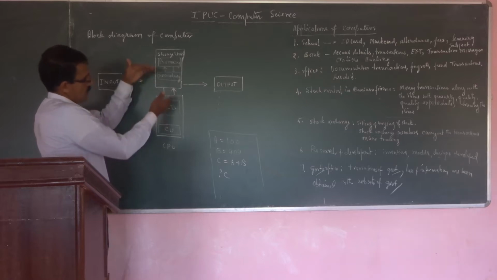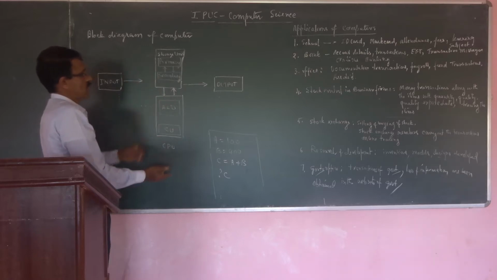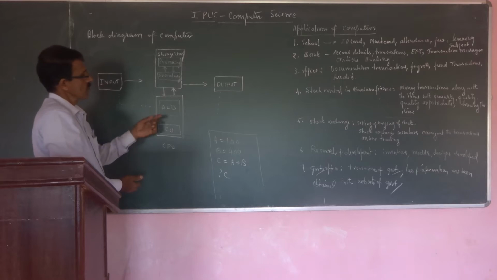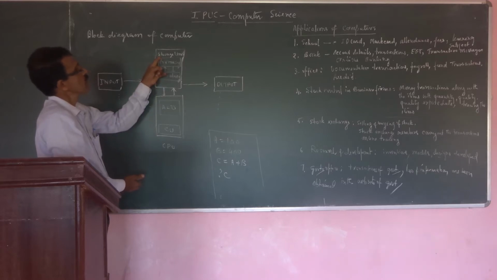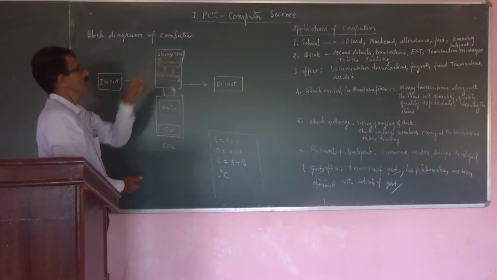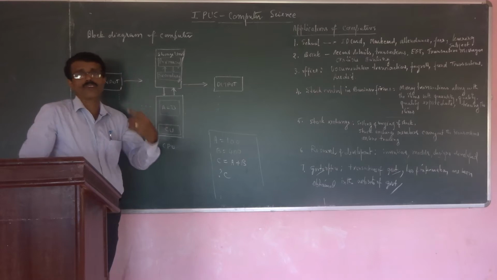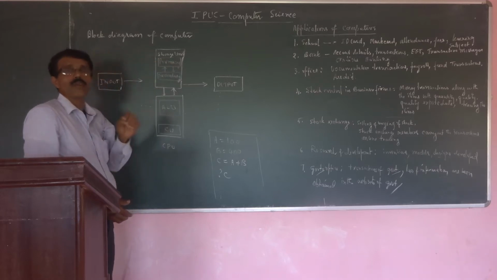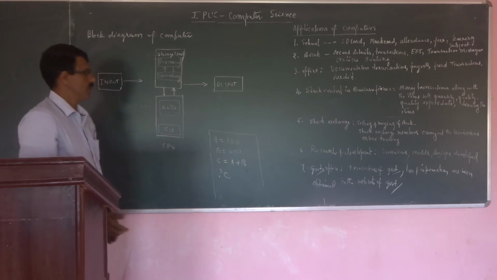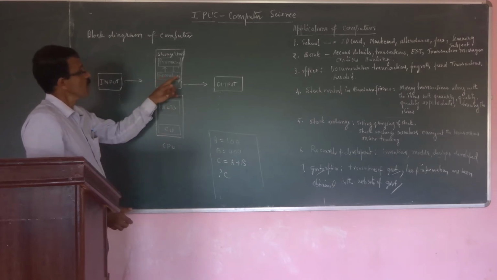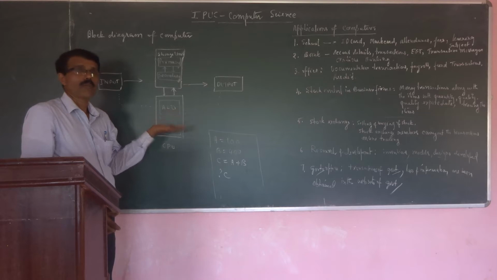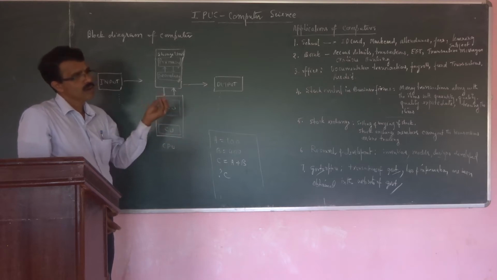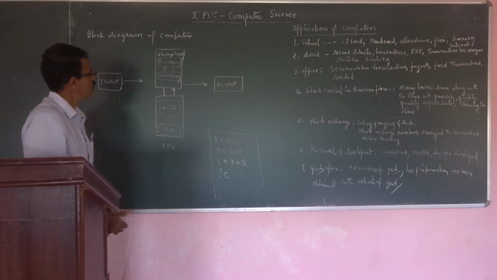It has different sub-parts. The storage unit has a primary storage device and a secondary storage device. As I said in previous sessions, primary memory is purely volatile, temporary memory. The secondary memory is a permanent or auxiliary memory.